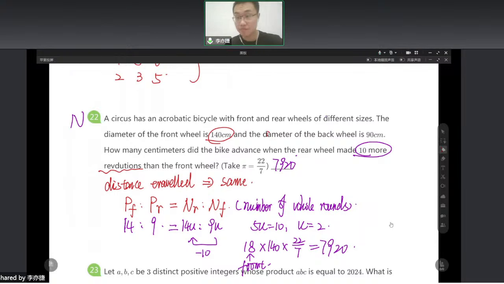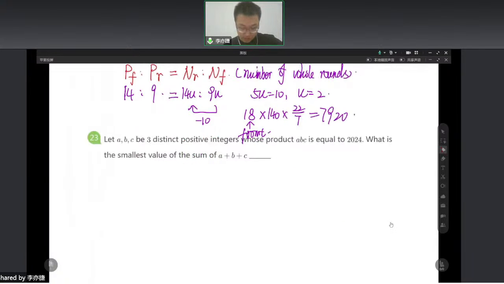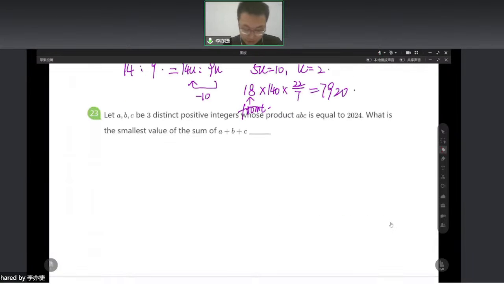Okay. So question 23. A, B, C are three distinct positive integers whose product A times B times C is equal to 2024.